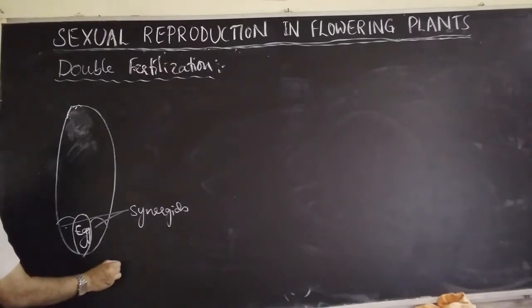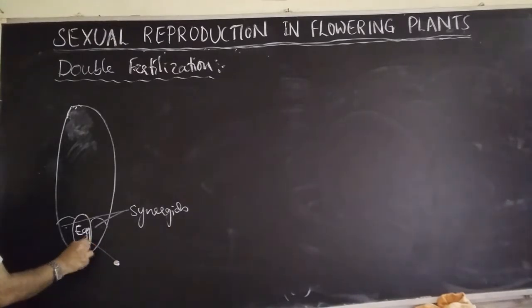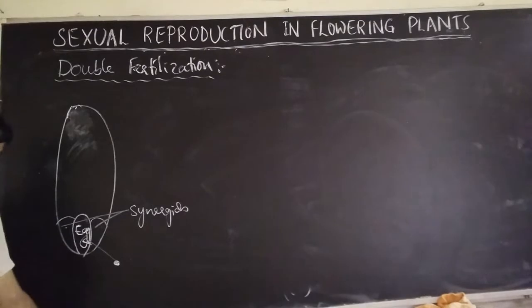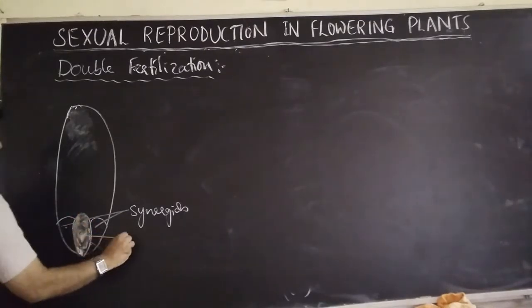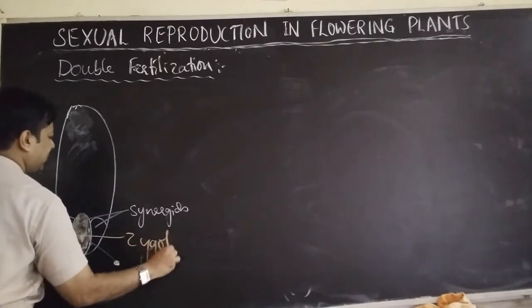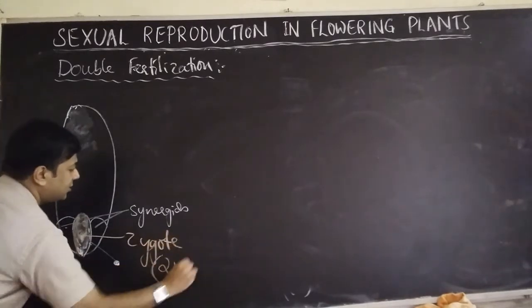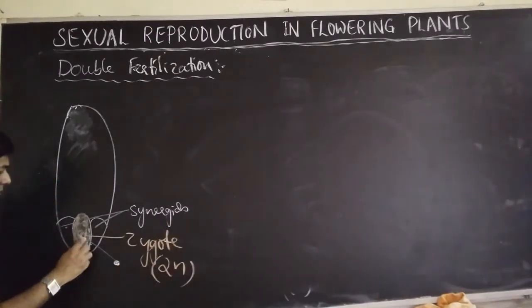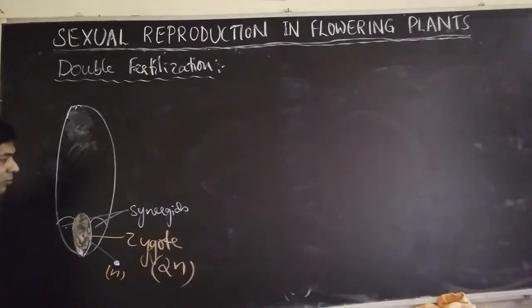The first male gamete will meet the egg, and this entire part, orange color now, becomes the zygote, which is 2N. How is it 2N? Because the zygote is produced by fusion of one male gamete and the egg. The egg is N, the male gamete is N. N plus N combine and become 2N.